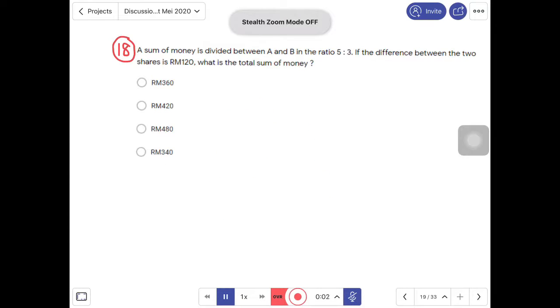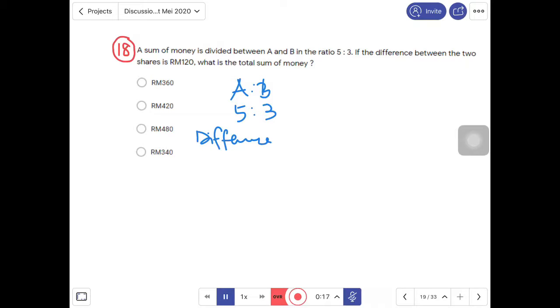Right, in this problem, the ratio of A to B is 5 to 3. And then it says the difference of A and B is 2, or 5 minus 3 is 2.